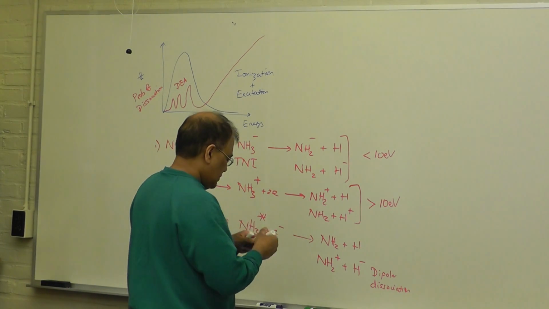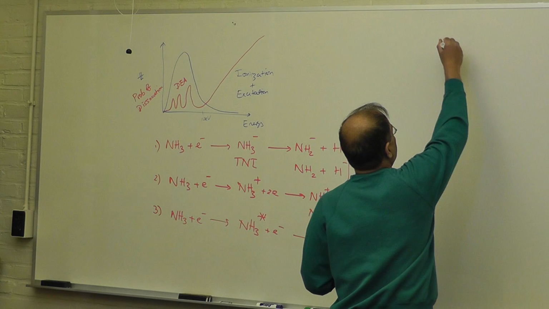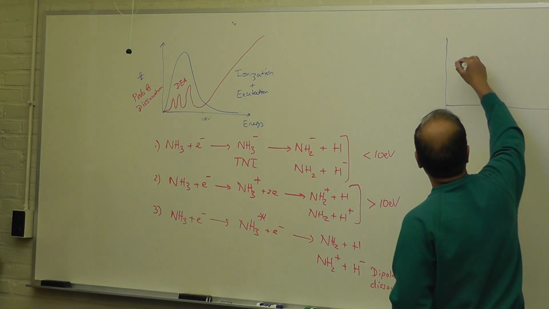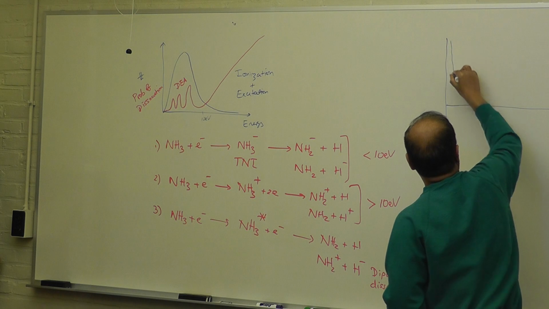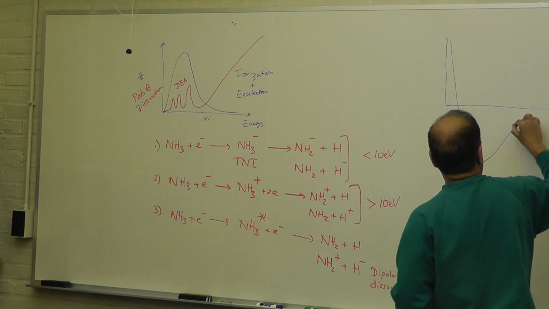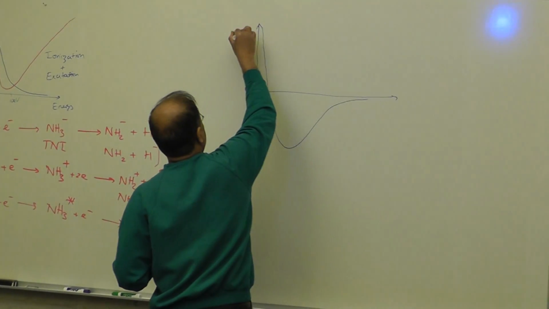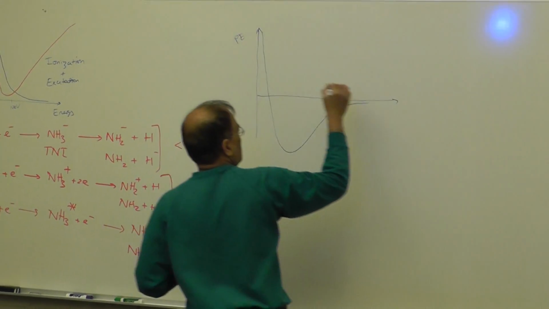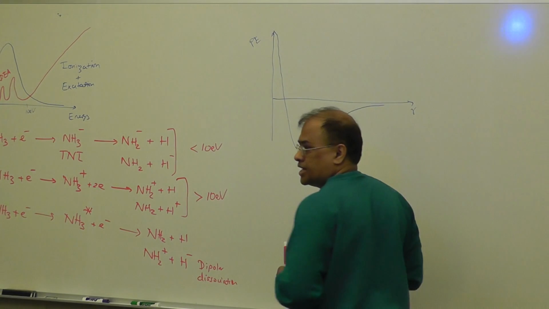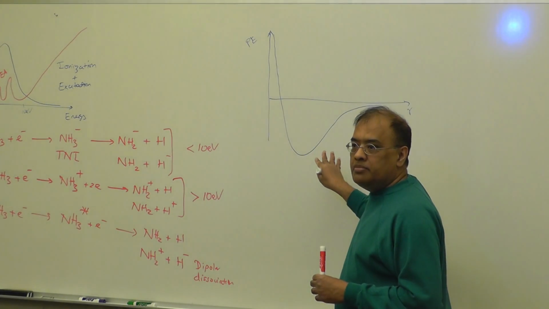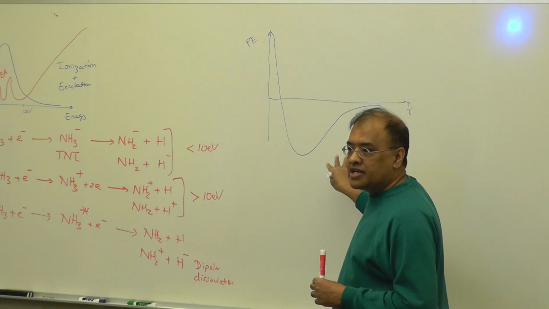So let me now draw a diagram that tries to explain why this is a resonance state. This is going to be a little bit tricky here. So this is the potential energy. This is the internuclear distance. Okay, you've seen this diagram in every chemistry course that you have taken.